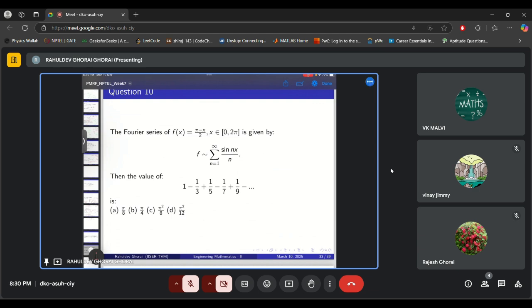Okay, so now let's do this one. Fourier series of f(x) = (pi minus x)/2 is a very nice function. At 0 it is pi by 2, at 2 pi it is minus pi by 2. So the values are not the same and they are not 0. So you cannot talk about uniform convergence, but you can still talk about pointwise convergence, right?